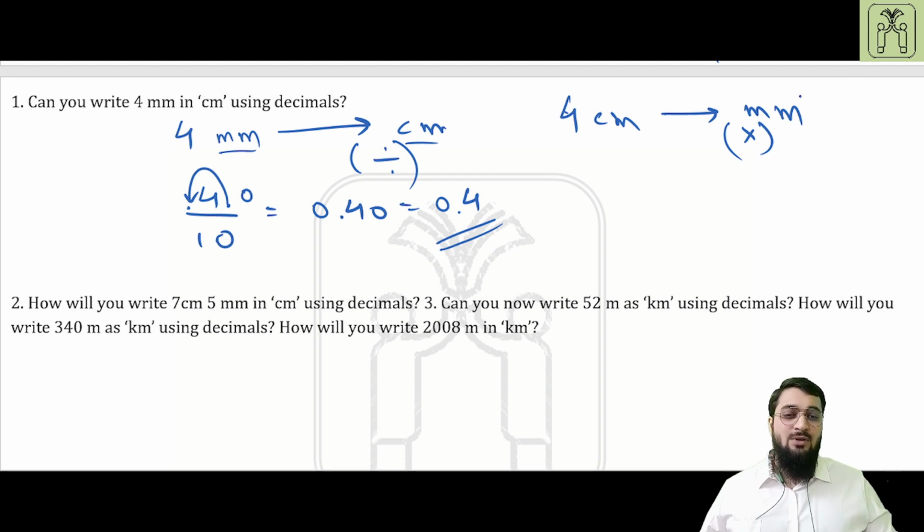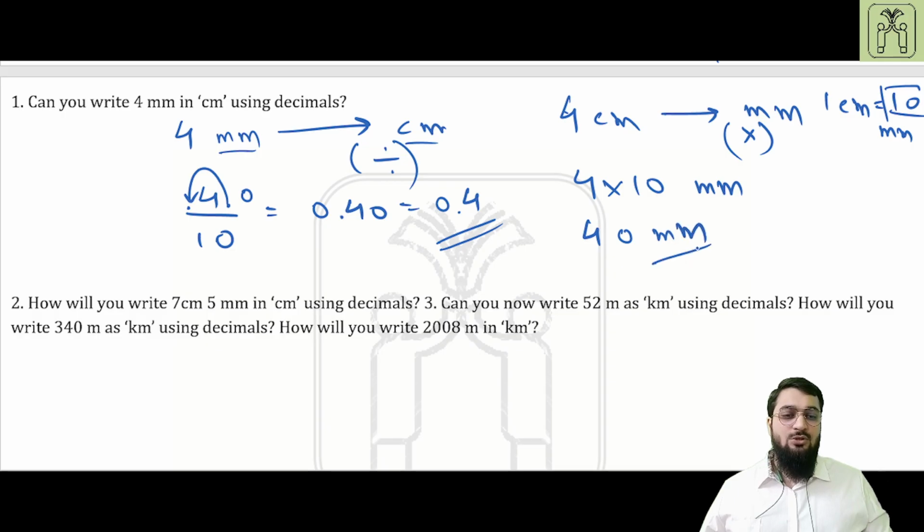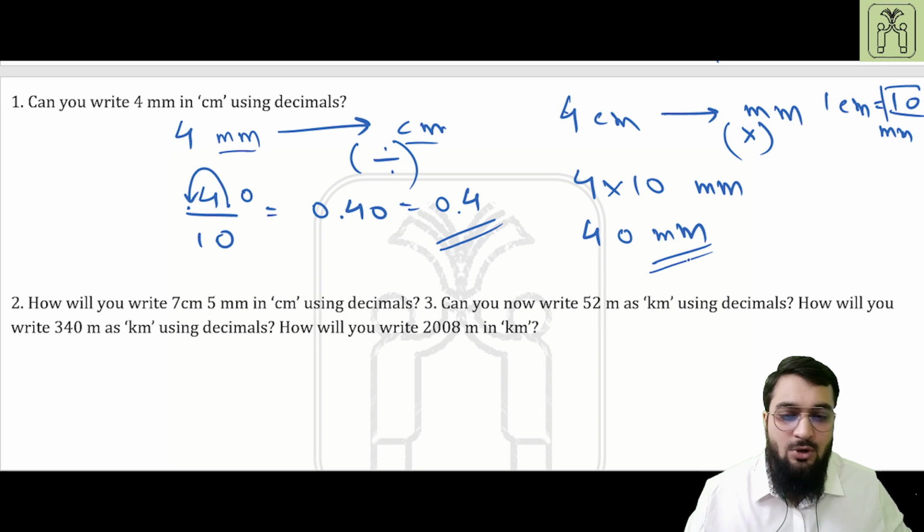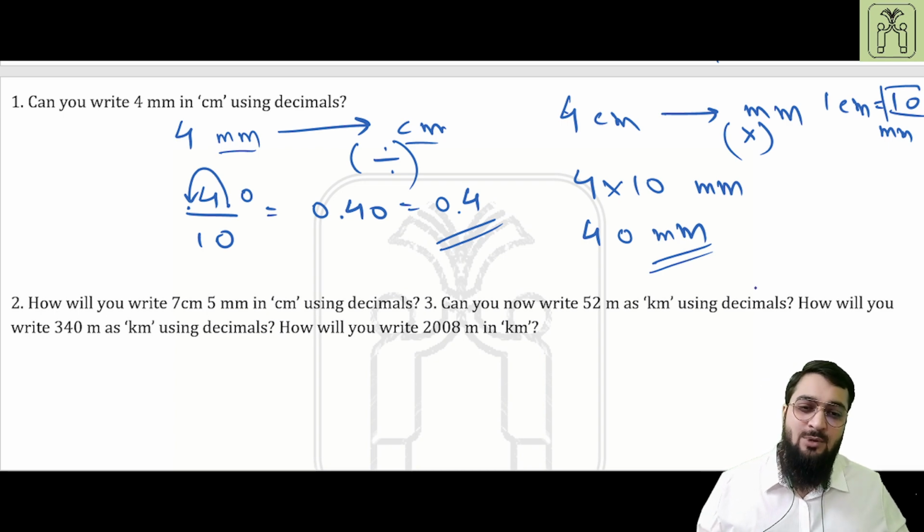The conversion factor between centimeter and millimeter is: 1 centimeter is equal to 10 millimeter. Therefore 10 is the conversion factor, and therefore we will write 4 centimeter as millimeter into 4 into 10, and centimeter will be replaced by millimeter, and the answer will be 40 millimeter. This is the answer. So in case the unit to be converted is small or greater, both the methods have been discussed.